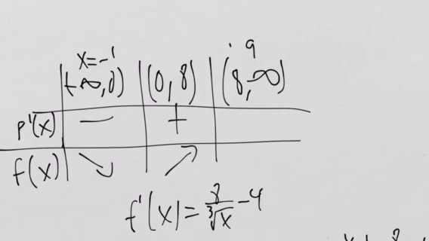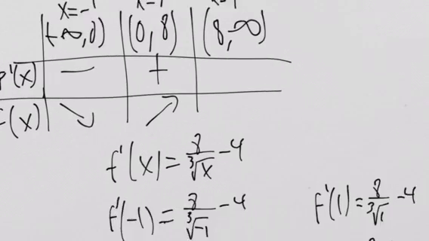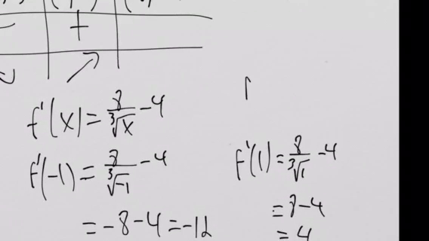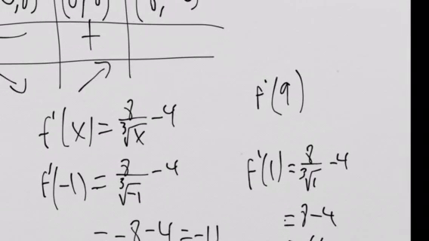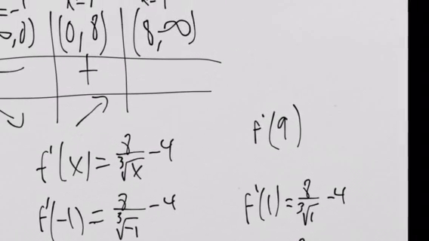Now let's pick a number from 8 to infinity. Let's just pick 9. This one's going to be a little bit tricky. Because this is a cube root, let's pick a perfect cube. Our perfect cubes are 1, then 2 cubed is 8, and then 3 cubed is 27.